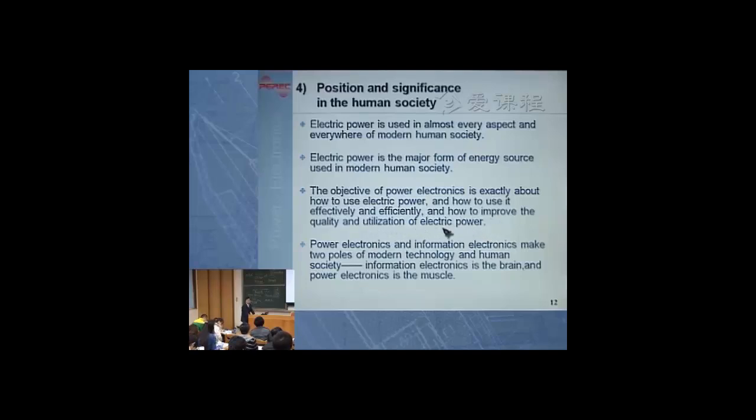Power electronics and information electronics make up the two poles of modern human society. Information electronics is like a human's head and mind. Power electronics is like a human's muscle and bones, providing energy.